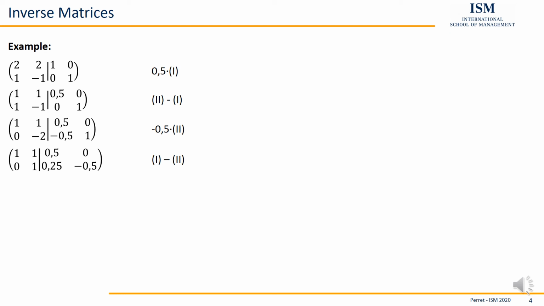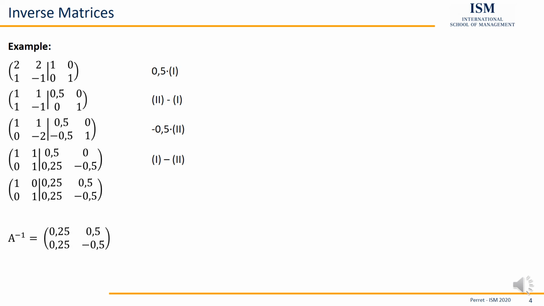Then on the right side, we just have 1/2 minus 1/4, 0 minus -1/2, giving us in the end this result. So on the left, we have the identity matrix, and the matrix we have on the right, with 0.25, 0.5, 0.25, and minus 0.5, is now our inverse matrix.